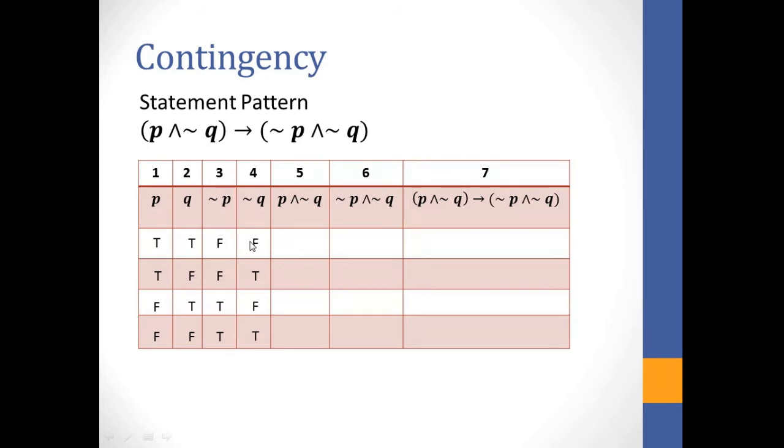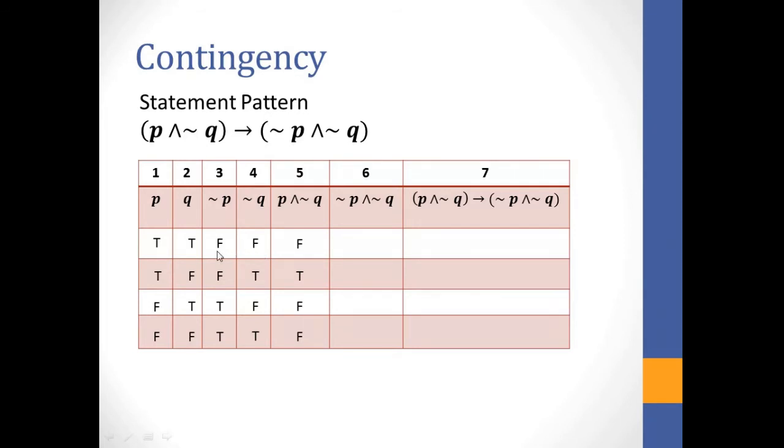So T and F is F. See here, T and T is T, then F and F is F, F and T is again F. See this, it is P and negation Q, so column number 1 and column number 4. So we completed this. Next, column number 6, negation P and negation Q.